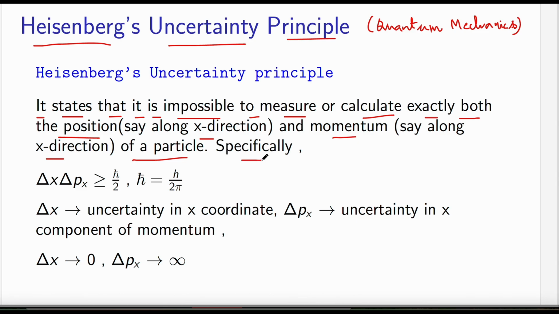Specifically, this is a quantitative principle. It tells us that delta x times delta px is always greater than or equal to h bar by 2, where h bar is h by 2 pi.